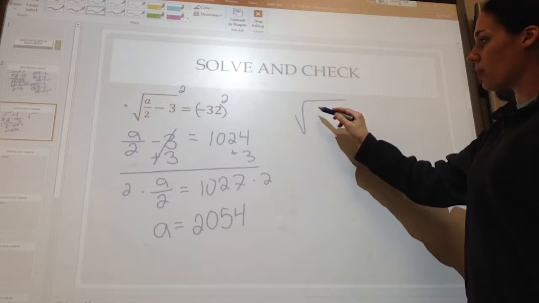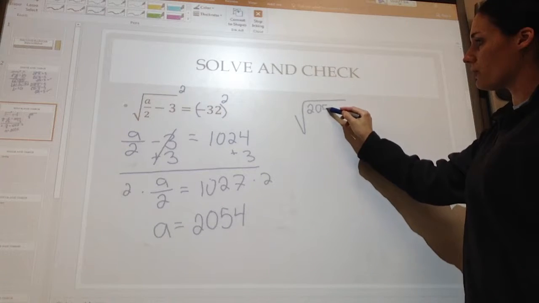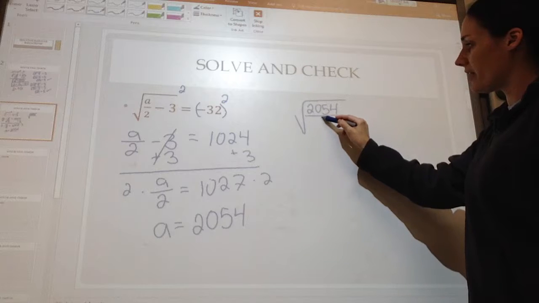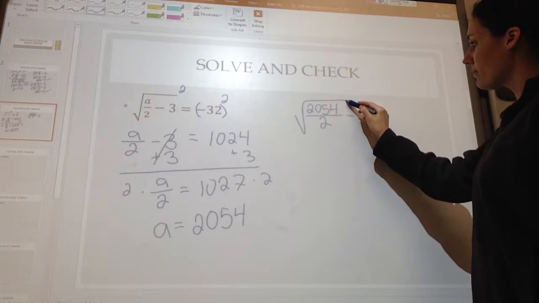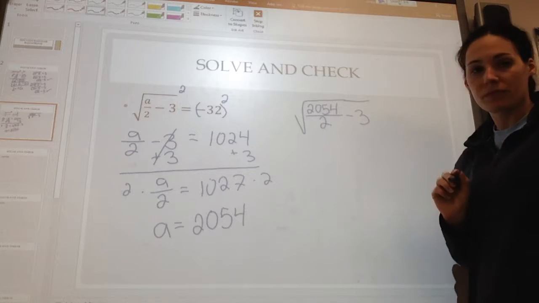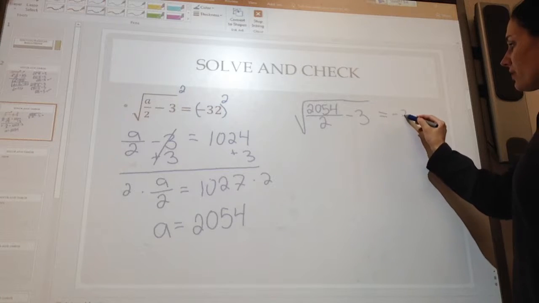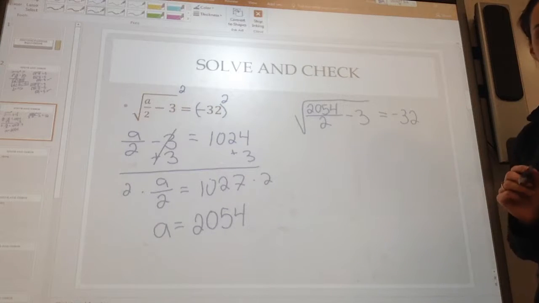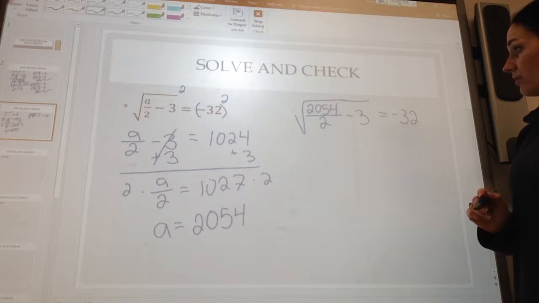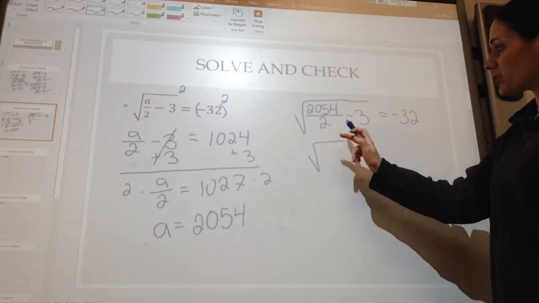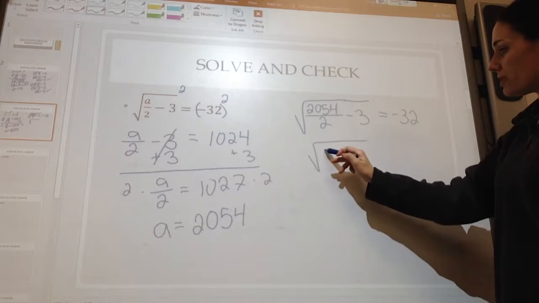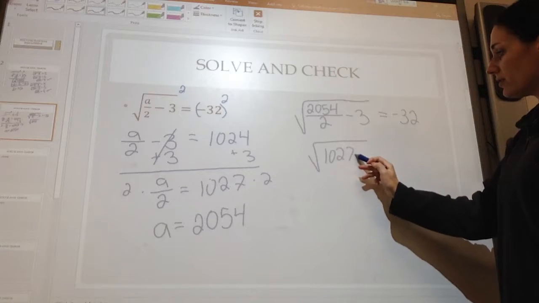So I'm going to do the square root of, and I'm going to plug this in here for the a. I'm going to take that and divide it by 2 minus 3. I'm going to extend my radical there. And I need to see if this is equal to negative 32 or not. Okay, well, we'll start with the division. 2,054 divided by 2 is 1,027. Subtract 3.